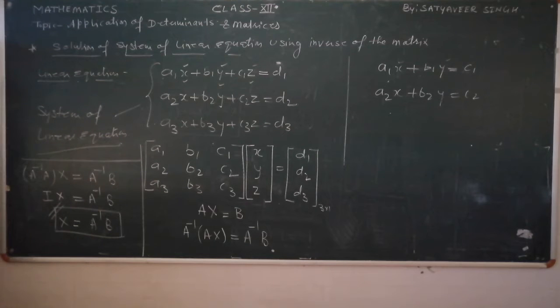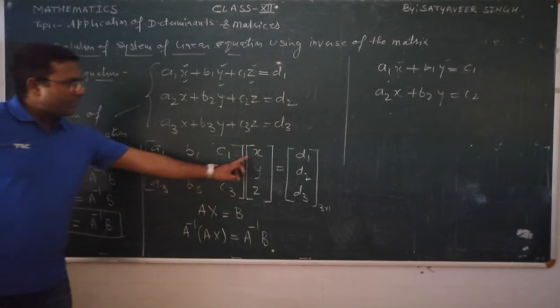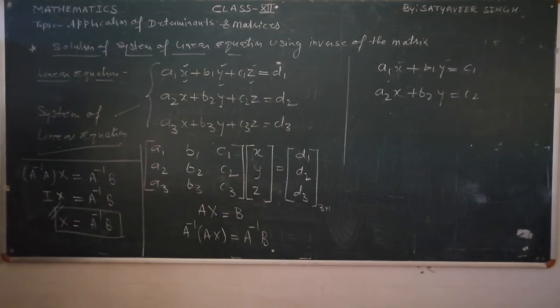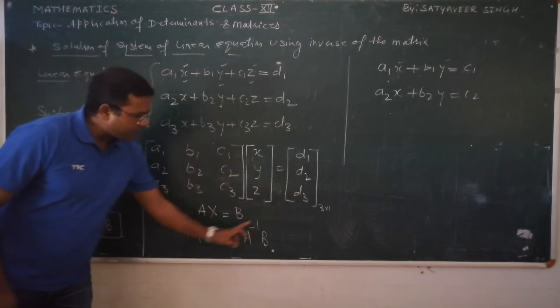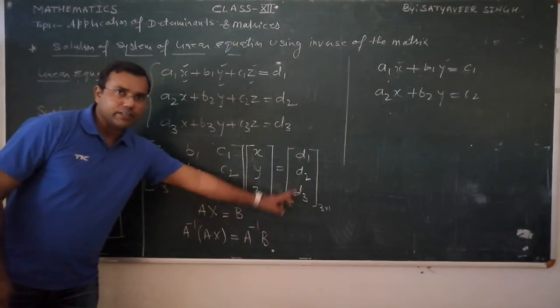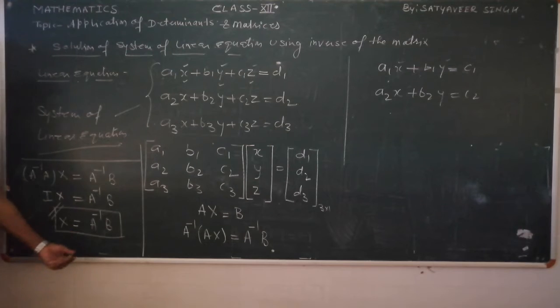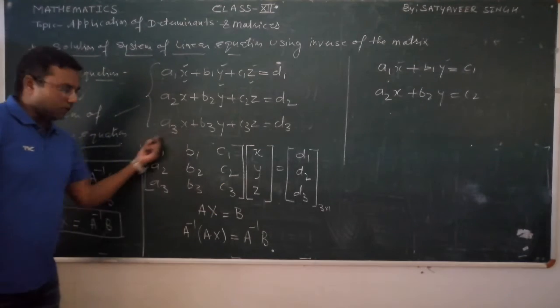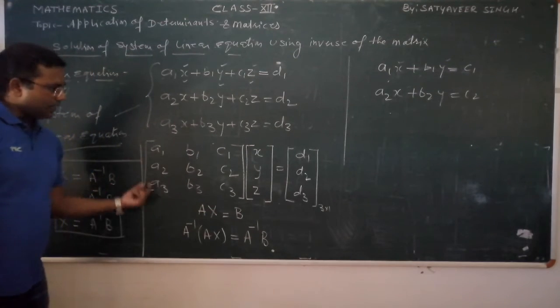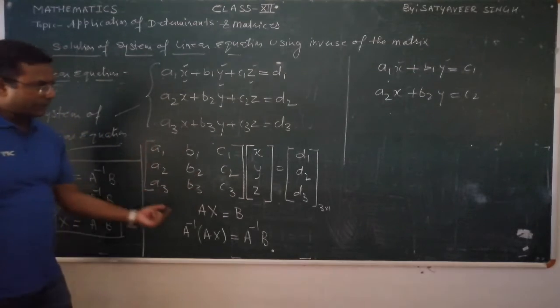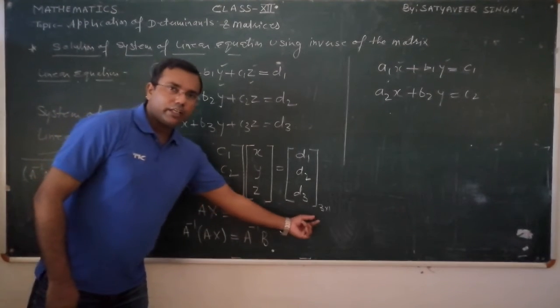What did we understand by this? If you want to find the value of x, y, z, which is a matrix of order 3 by 1, you need to multiply the inverse of matrix A by the matrix B, which we have framed from here. We can do the multiplication, because the order of this matrix is 3 by 3 and this matrix is of order 3 by 1.